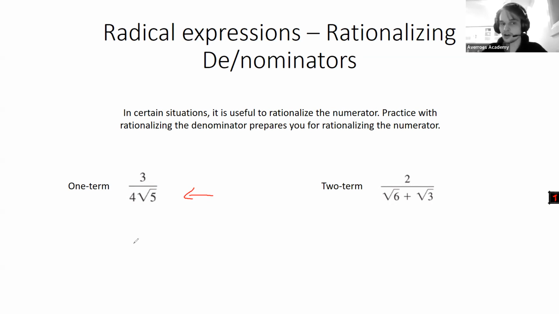If we square the root of 5, it's going to be 5. Make sense? Mhm.